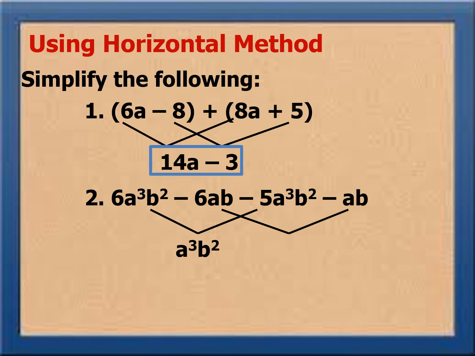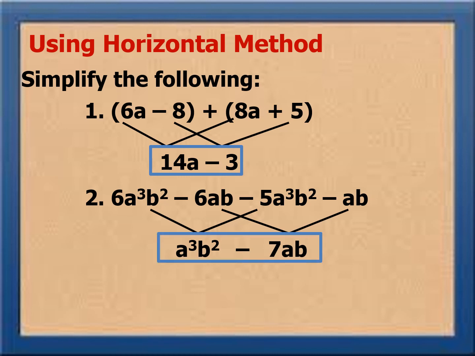Understood that the numerical coefficient of this term is 1. Then -6ab minus ab: we add -6 and -1, so the answer is -7ab. Then just copy the variables a, b. Clear?